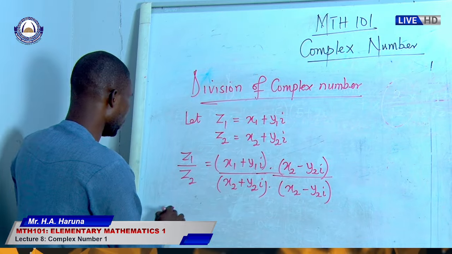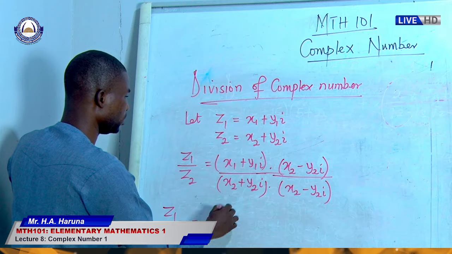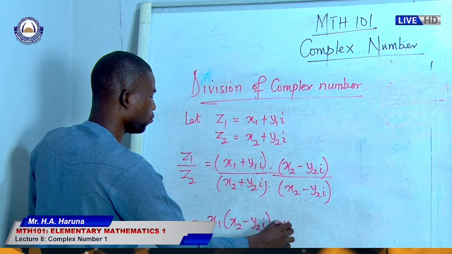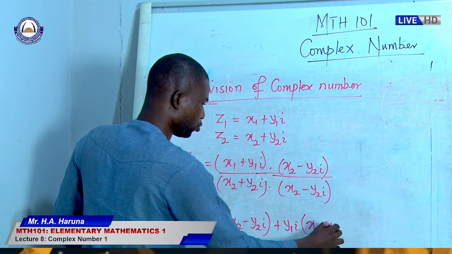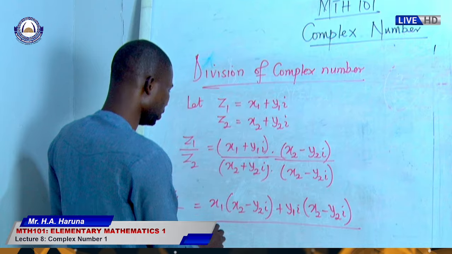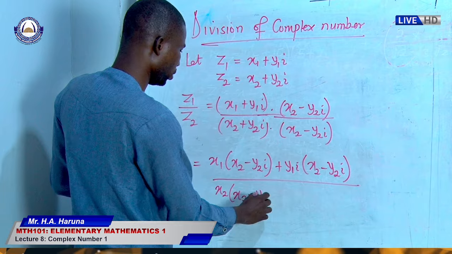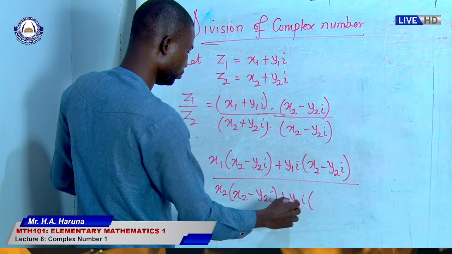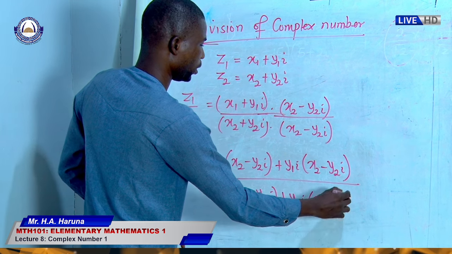Now, we say z1 over z2 equals, distribute it, x1 into x2 minus y2i, then plus y1i into x2 minus y2i, over, do the same thing for the denominator, x2 into x2 minus y2i, close it, then plus y2i into x2 minus y2i.